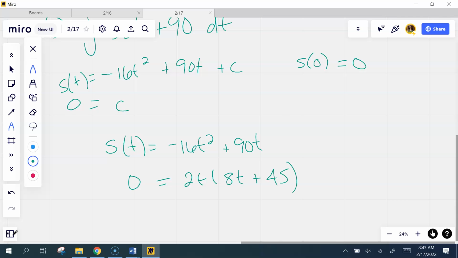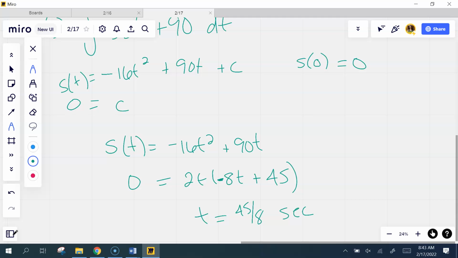Yep. 45 divided by 8. Zero. 5.625 seconds.